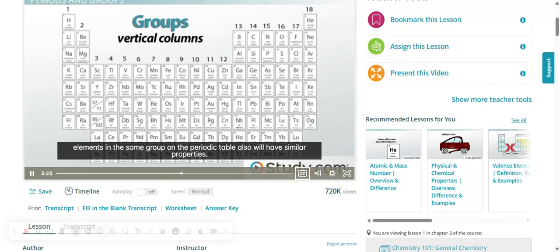The groups are numbered 1 to 18 from the left to the right, and some of the groups have special names.